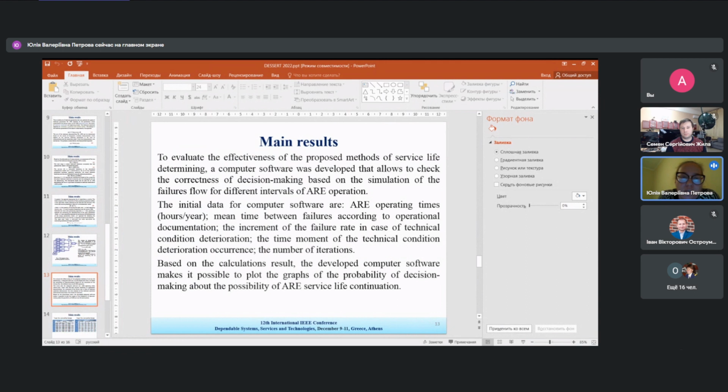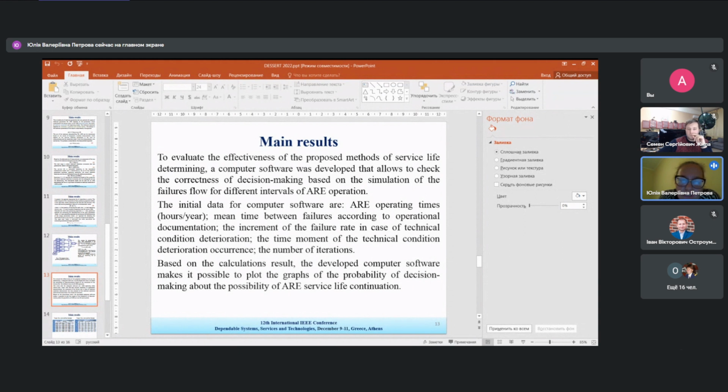To evaluate the effectiveness of the proposed methods of service life determining, computer software was developed that allows checking the correctness of decision making based on the simulation of the failures flow for different intervals of equipment operation.